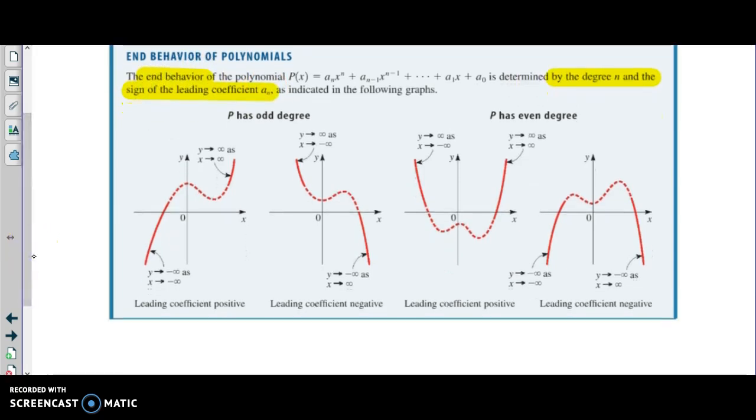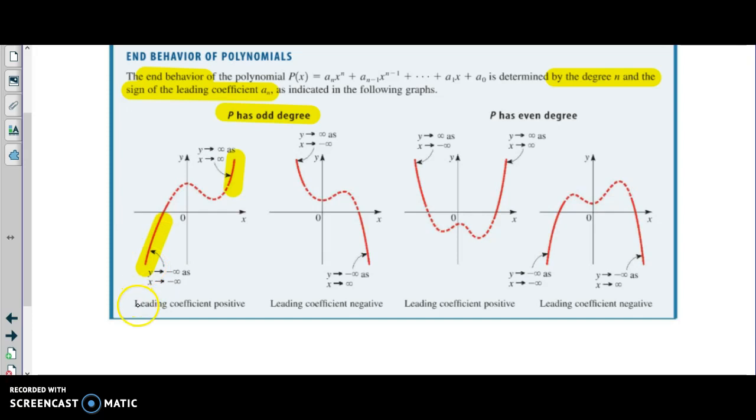So notice here, if p has an odd degree, the graph shows an up and a down. For the portion facing downwards, we start on the negative side of x, and then we go up towards the positive side of x.